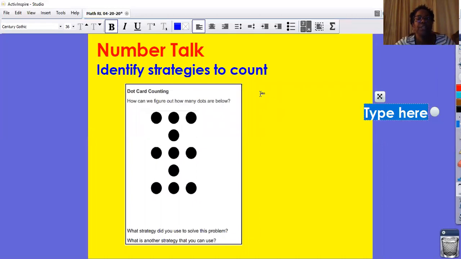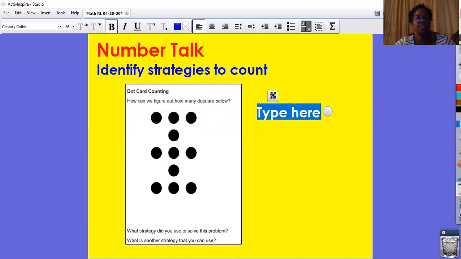All right, so what you decided to do was to count them in a row vertically this way, up and down. So you said, how many is that? 1, 2, 3. So right here, I will type 3. We're going to add more, so we're going to put a plus sign.